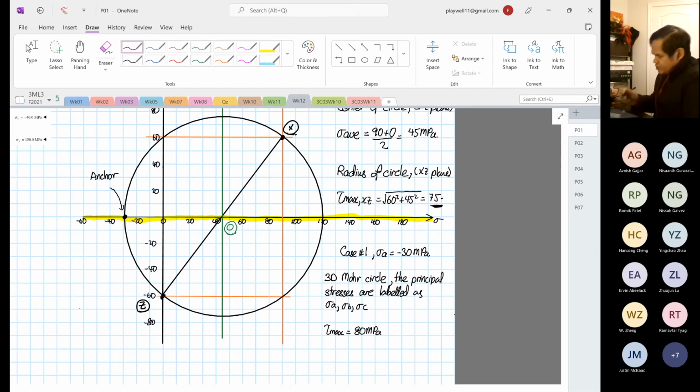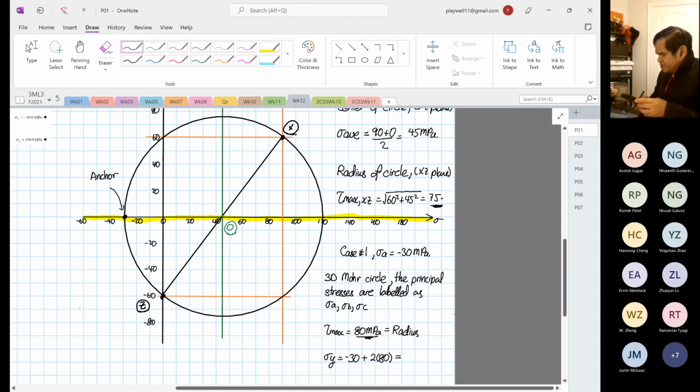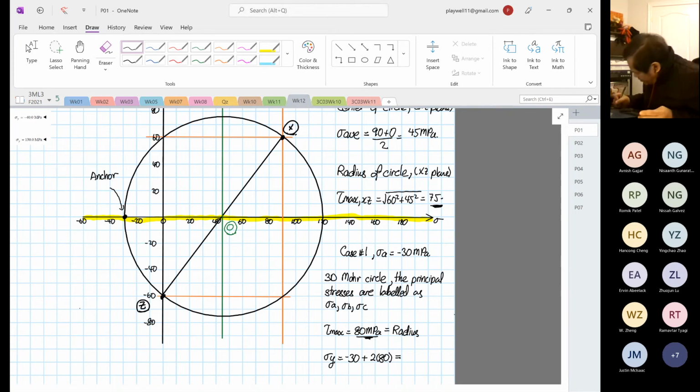So the condition given to us, tau max for this 3D loading, is 80 megapascal. So the first position of point Y is equal to minus 30 plus twice of 80. Why twice? Because this is the radius, yes or no? To get the diameter is twice. So minus 30 plus 160 is equal to 130.